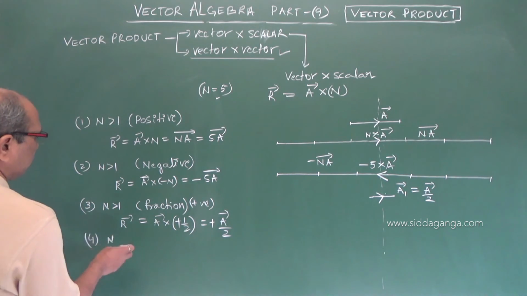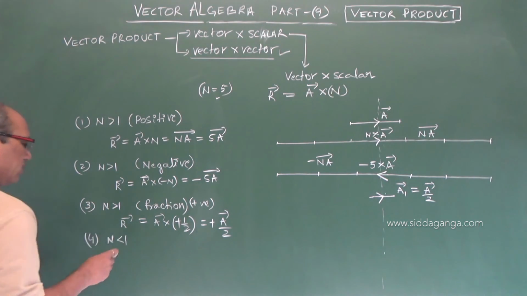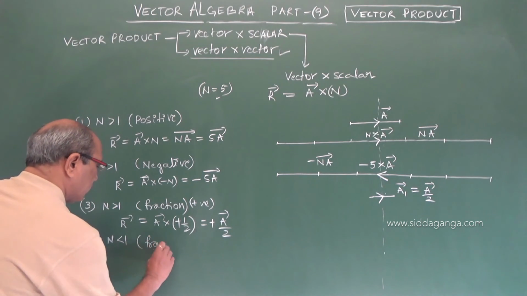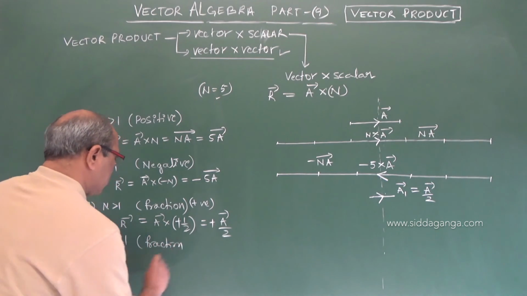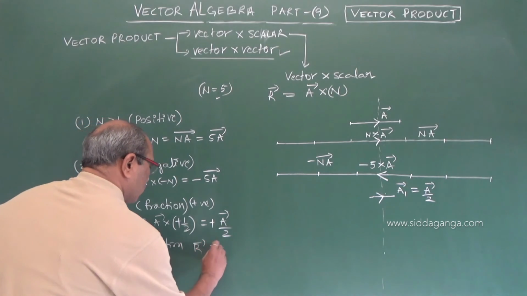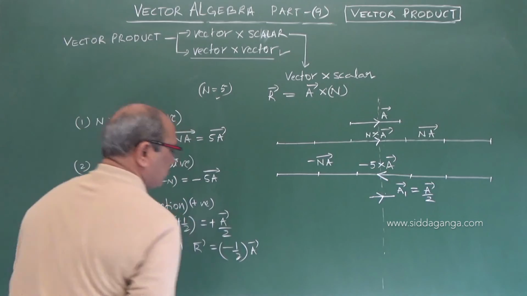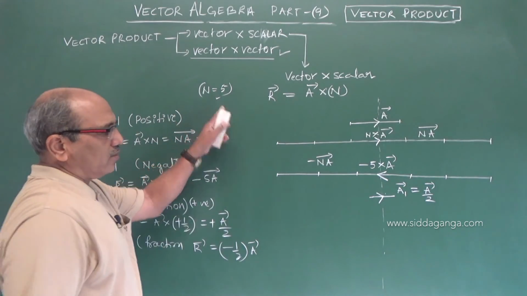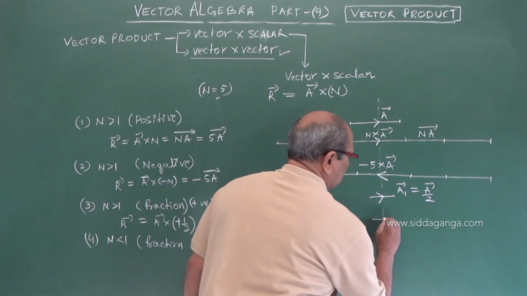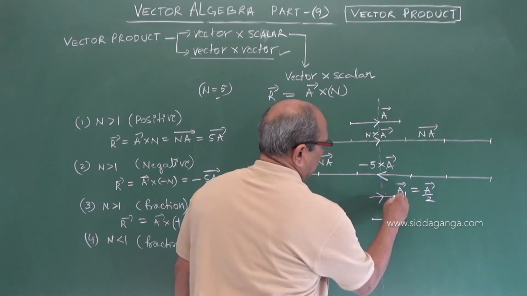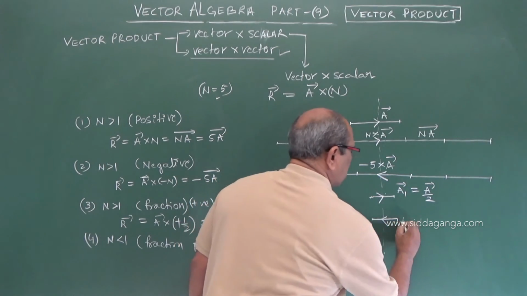Let us think the fourth one. n is less than 1 but a negative fraction. That means r is equal to minus half into a. Now what happens here, you are seeing the magnitude is half, but the direction is reversed.